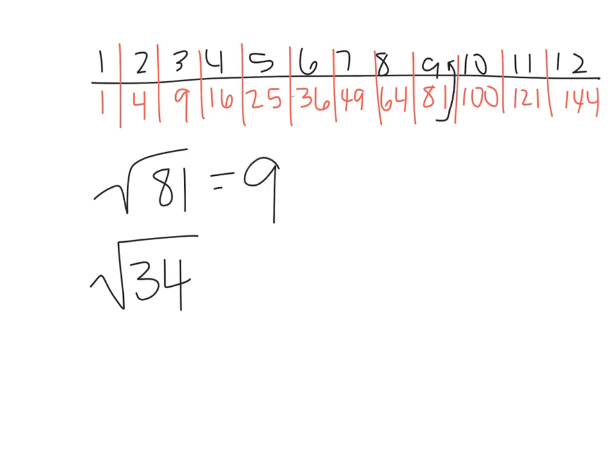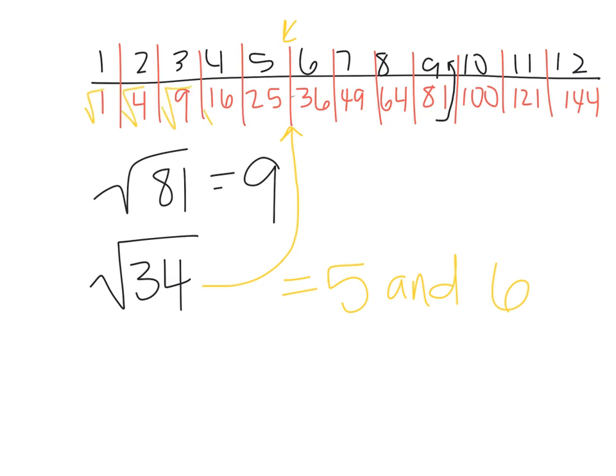Now the square root of 34 is not in my list, but I do know a few things about this. So first, 34 would fall somewhere here between 25 and 36. So I know that the square root of 34 would fall somewhere between 5 and 6, because those are the integer amounts that I'm looking at.